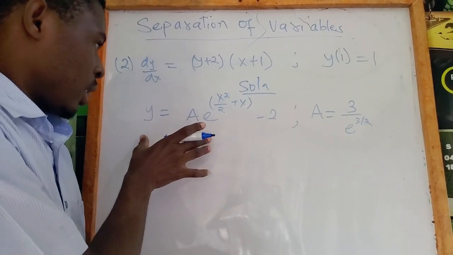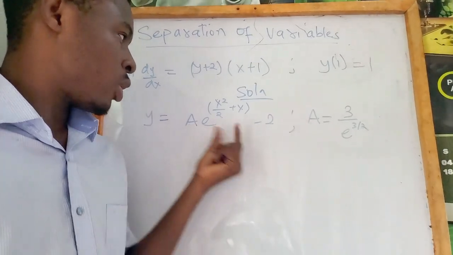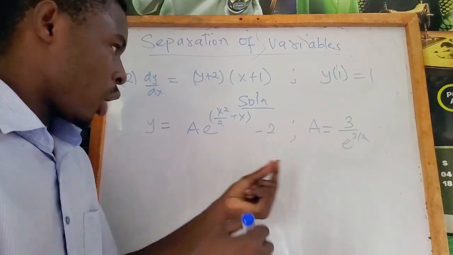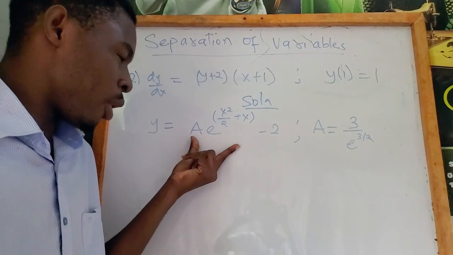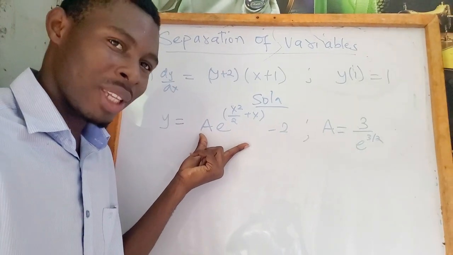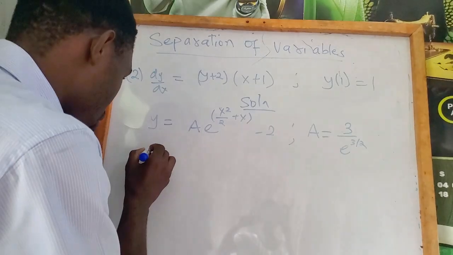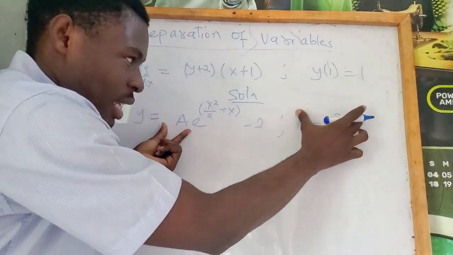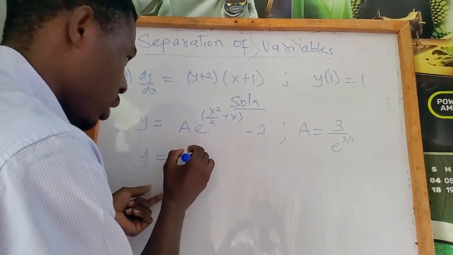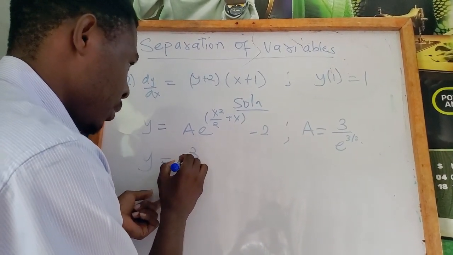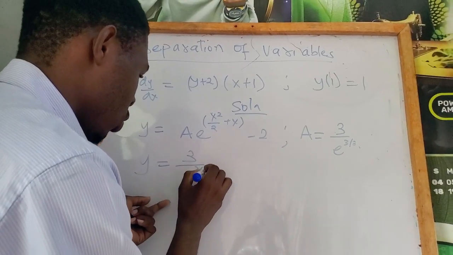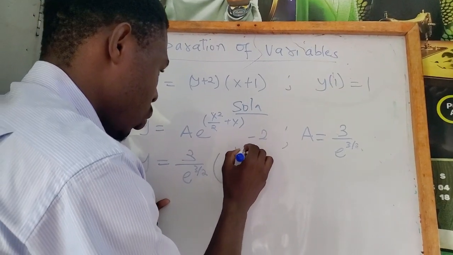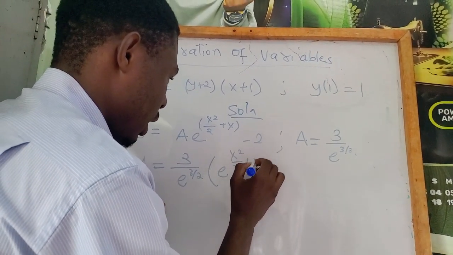All right, so this is the general solution, but we've been able to find the value of A from what we did last. So we are going to take the value of A and plug it back into this equation to obtain the particular solution. So y is equal to A times this, but A is this. So we are going to replace this with 3 divided by e to the 3 all over 2, into e to the x squared divided by 2 plus x.